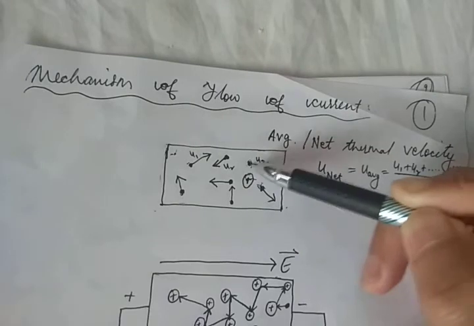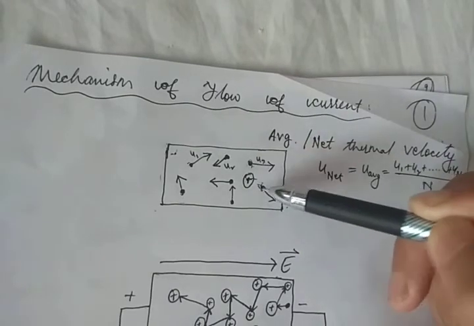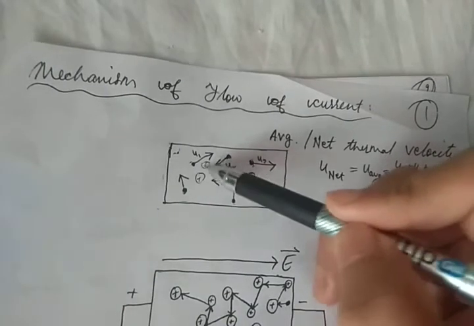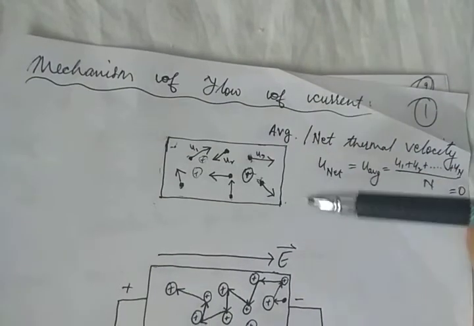So the electrons, in the process of moving randomly, collide with each other, and they also collide with these ions. You have plenty of ions too, and the electrons are moving randomly in all possible directions.